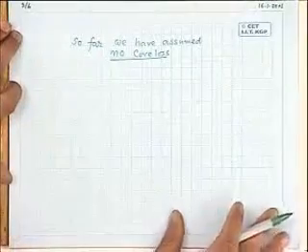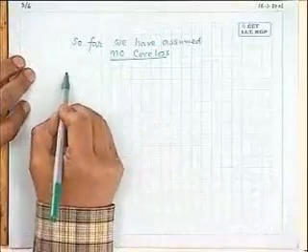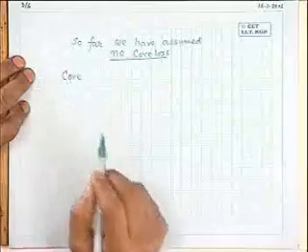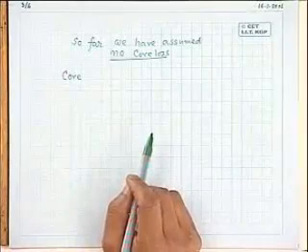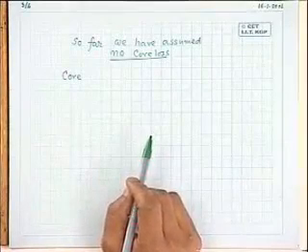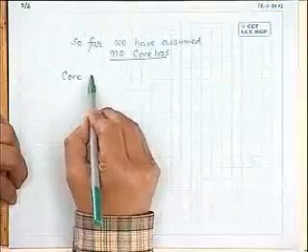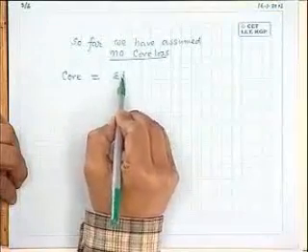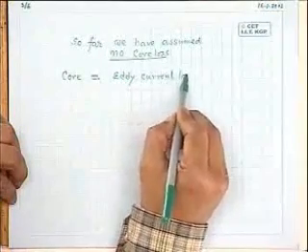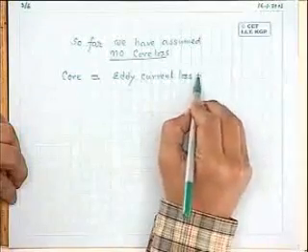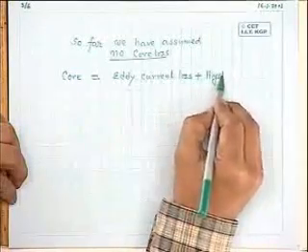Now before I go into this, I will just have a quick review of the core losses. Core loss occurs inside the core of the transformer, that is the magnetic material of the transformer. There the core losses occur, and that is a magnetic core. That's why it is called core losses. Core losses comprise two things: some eddy current loss plus some hysteresis loss.